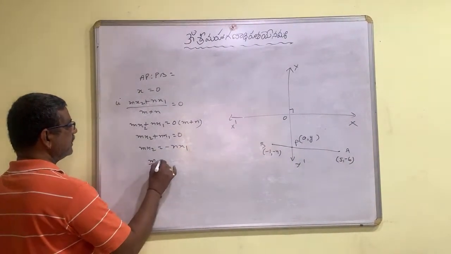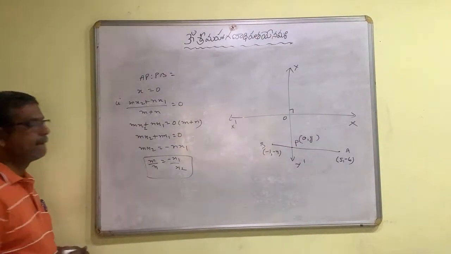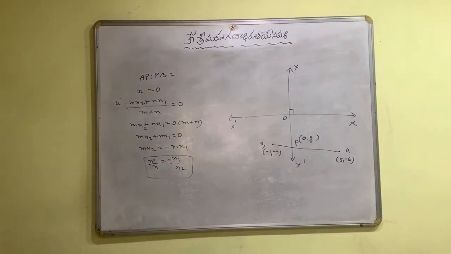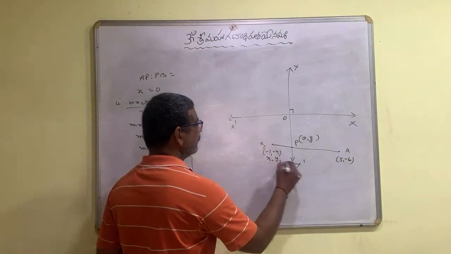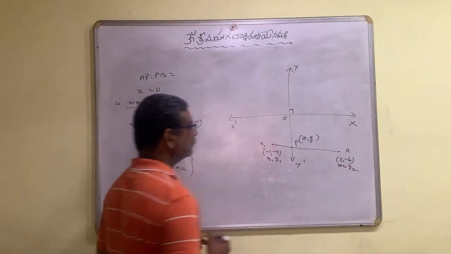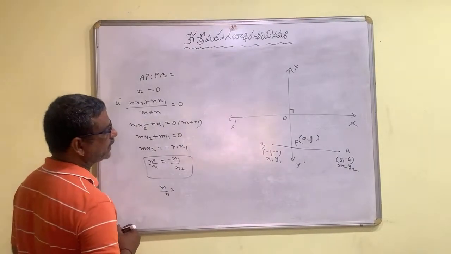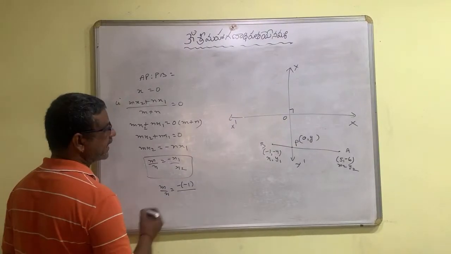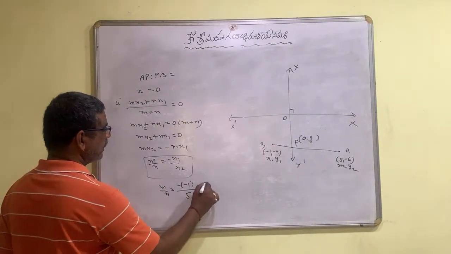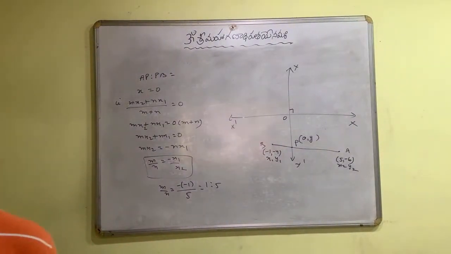Then m by n is equal to -x1 by x2. Now, this is x1, y1 and x2, y2. So the ratio is -x1 by x2, that is minus of -1 by 5. I think 1 is to 5.